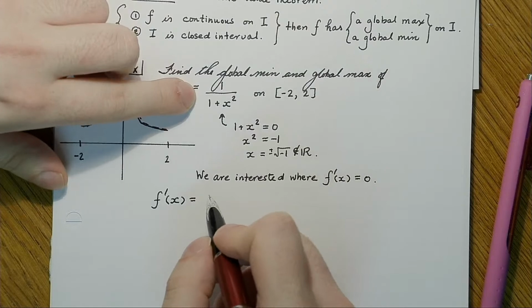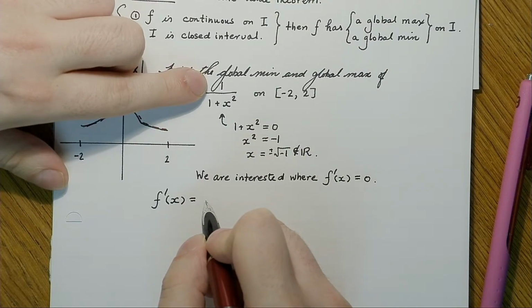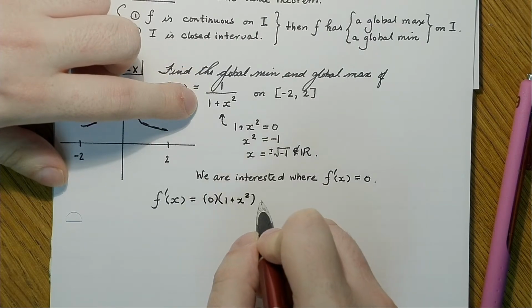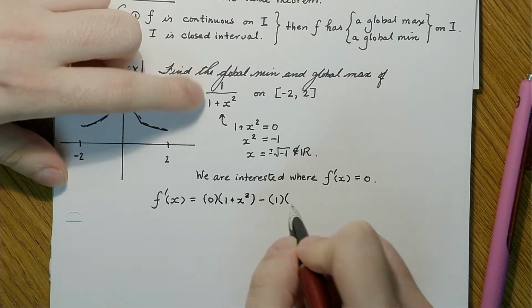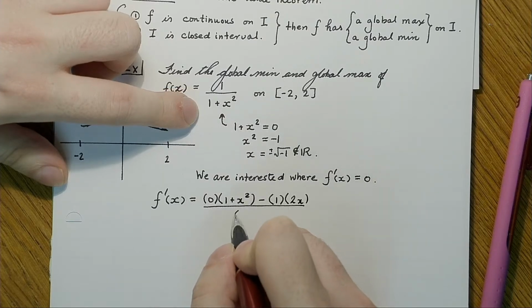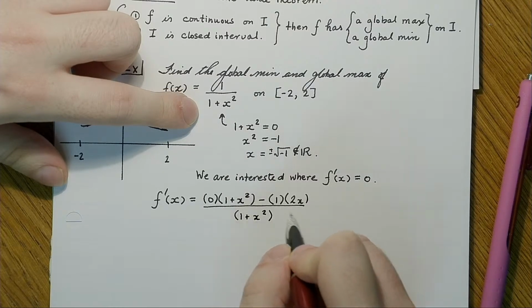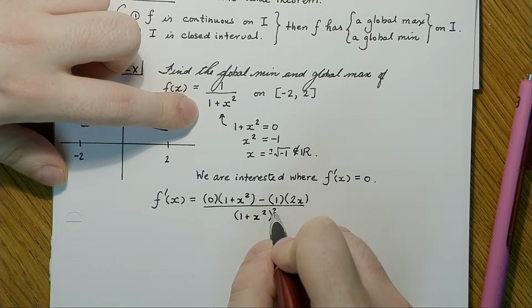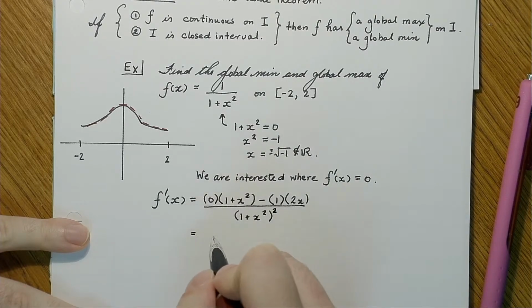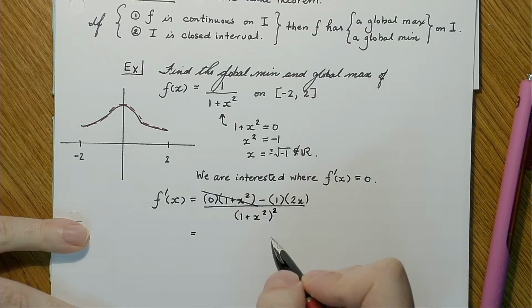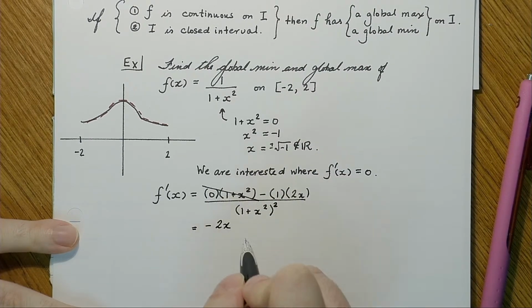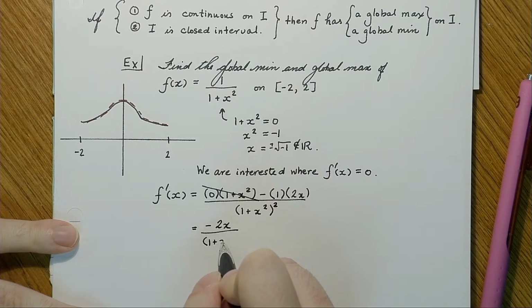So if you did the quotient rule, it's the derivative of the top, which is 0, times the bottom, minus the top function, times the derivative of the bottom, 2x here, all over 1 plus x squared, and this needs to be squared. And that equals, so that cancels out because we have 0, and then I'm left with minus 2x over 1 plus x squared squared.